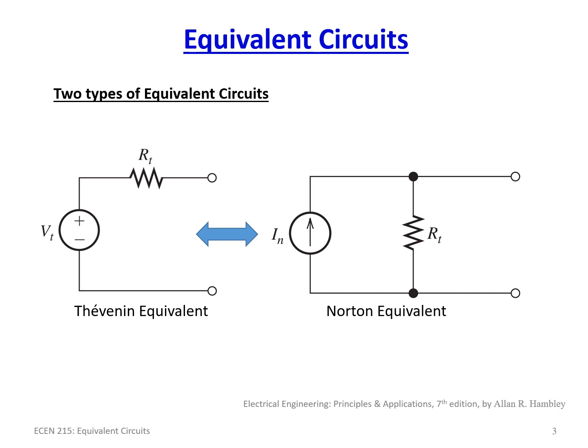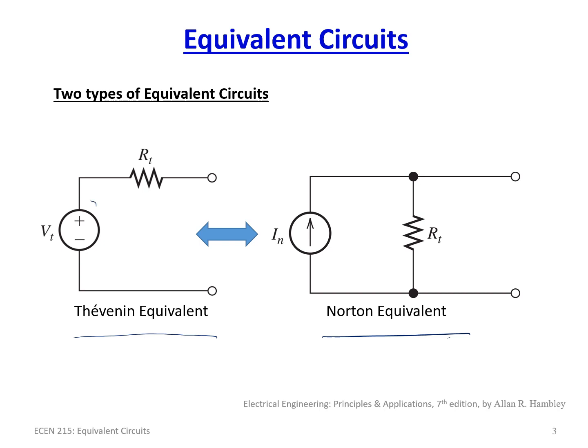So there are two types of equivalent circuits. The main one we're focusing on is a Thevenin equivalent, but there is also the Norton equivalent, which is pretty much the exact same thing. The only difference is that we change the voltage power supply to a current power supply.